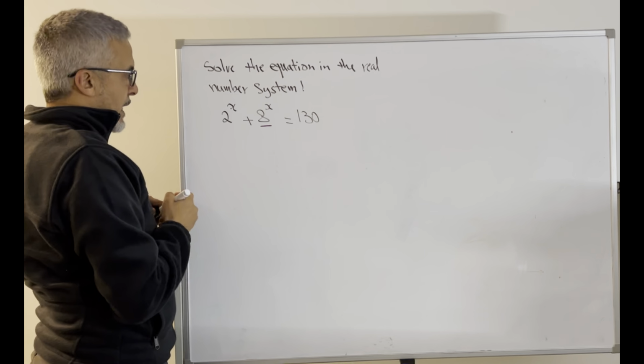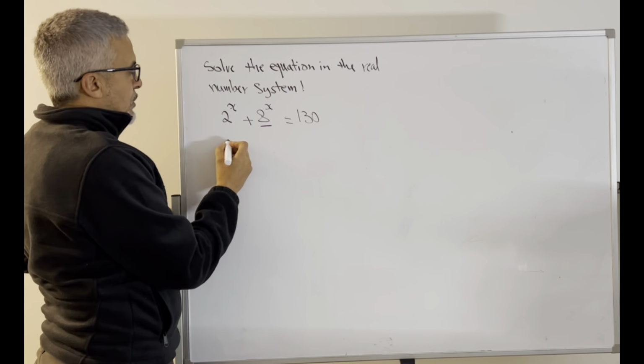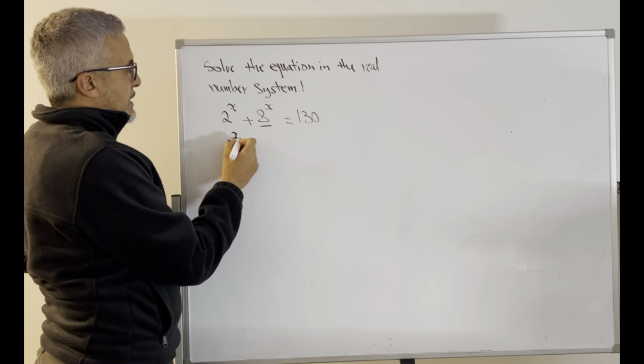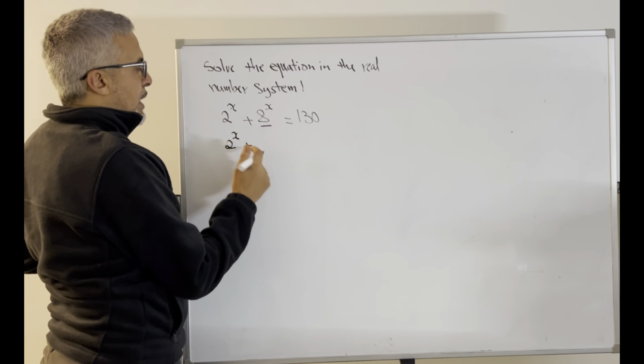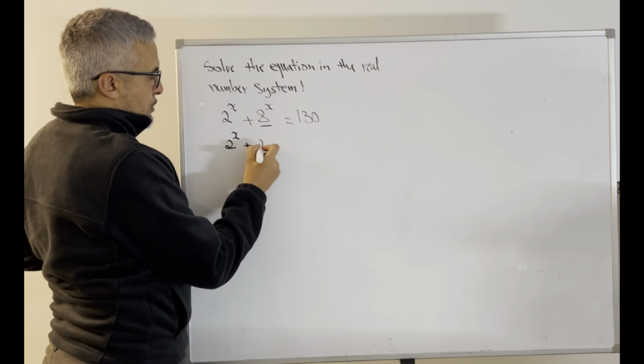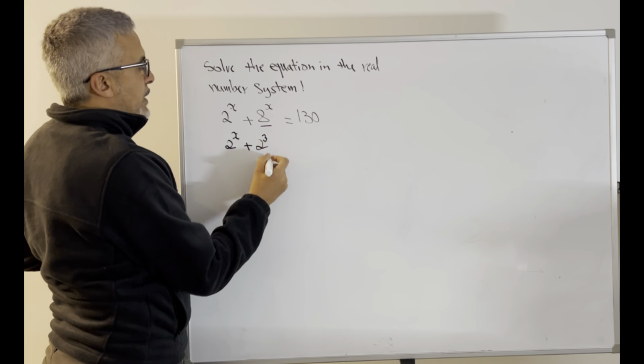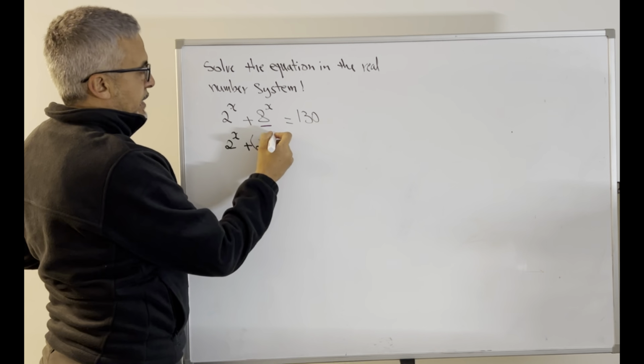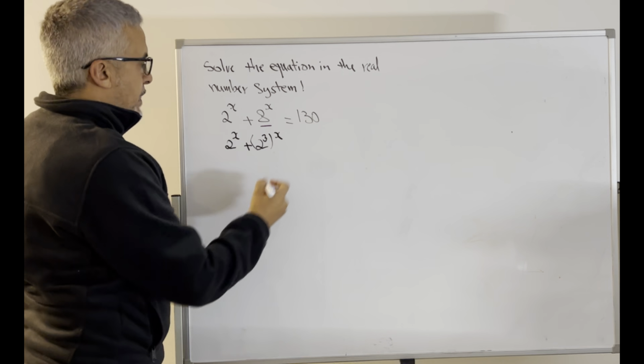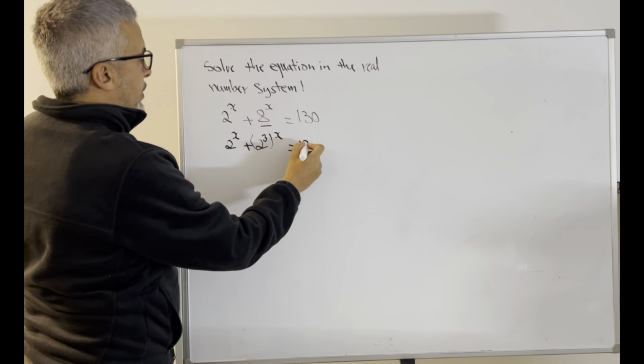Therefore, we could rewrite this as 2 to the power of x plus, and we know 8 could be expressed as 2 to the power of 3, and then we still have the x outside, equals 130.